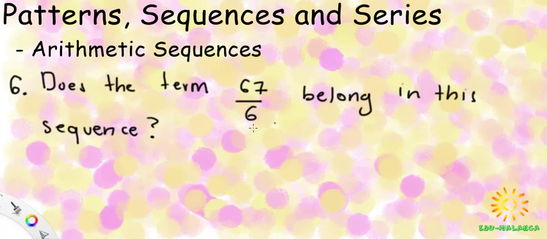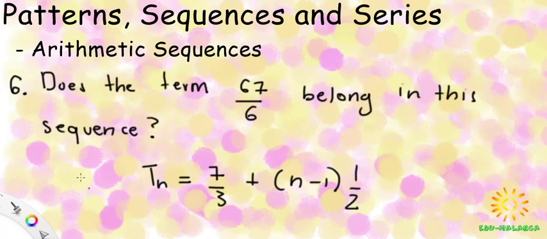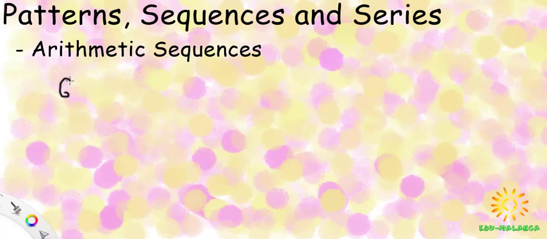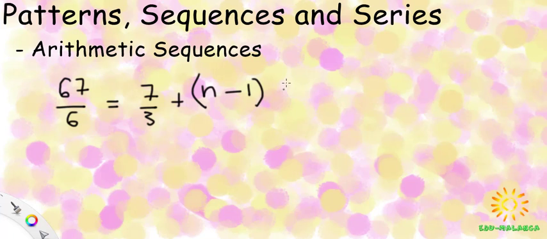Again, we have a final answer and we know the general term, so we're going to rewrite it. Tn is equal to 7 over 3 plus n minus 1 times 1 over 2. We know the final answer and we're solving for n, so this equation then becomes 67 over 6 should equal to 7 over 3 plus n minus 1 times 1 over 2.